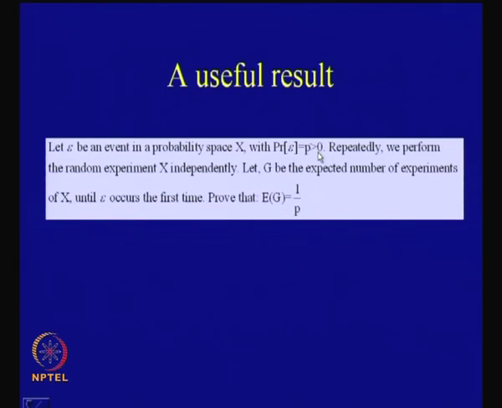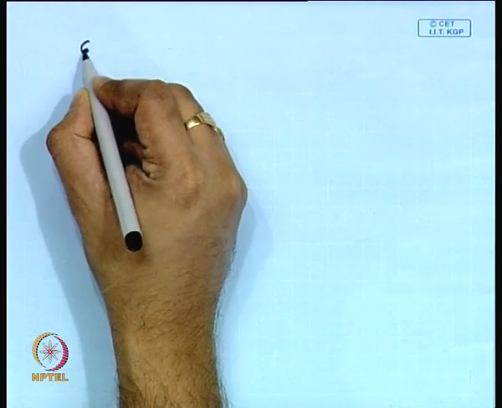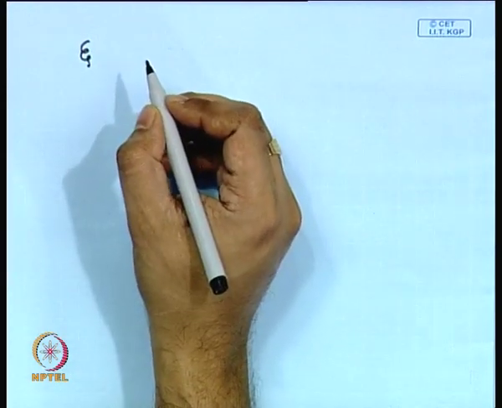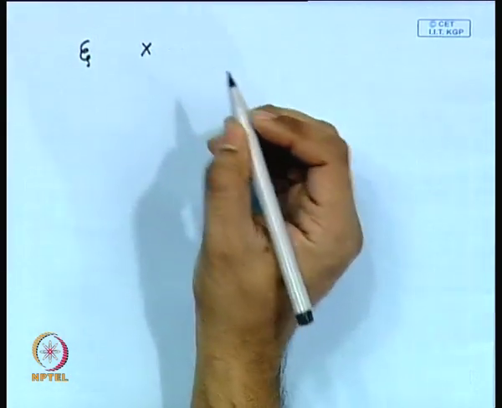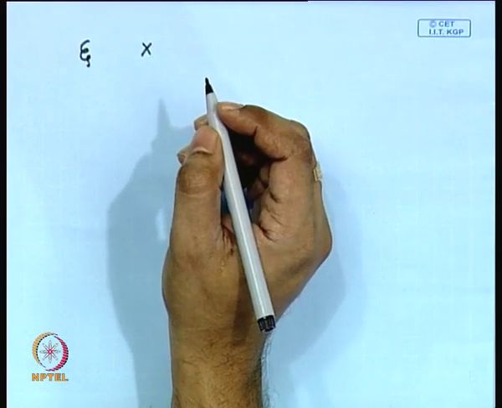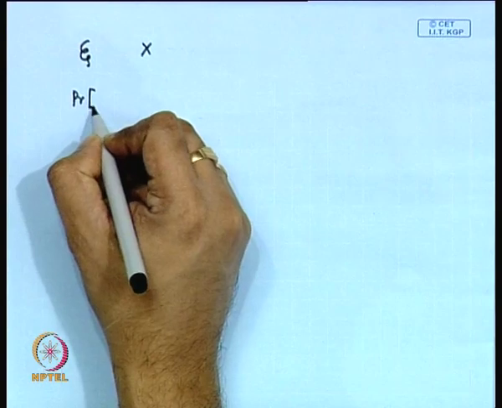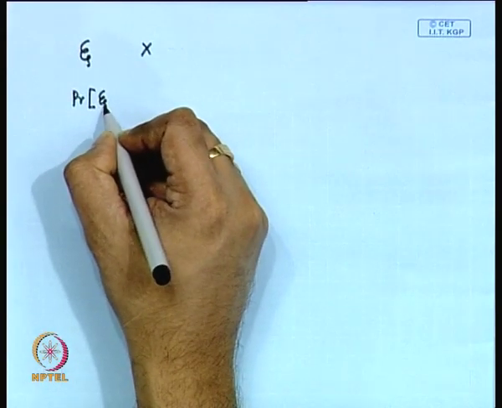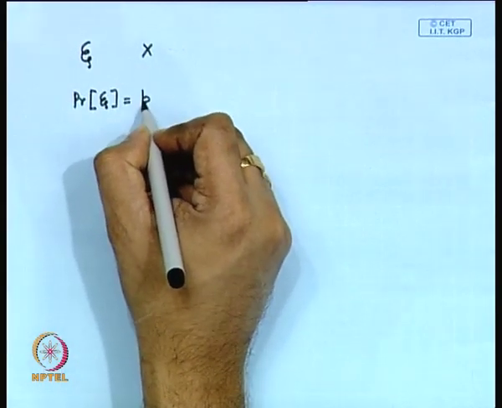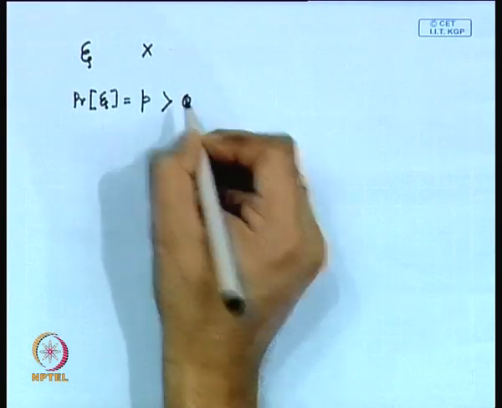And we repeatedly perform the random experiment X independently. So what we are saying here is that there is an event epsilon and there is a probability space X. We know that the probability that epsilon occurs, that is, this particular event occurs, is given by p, where p is some non-zero value.